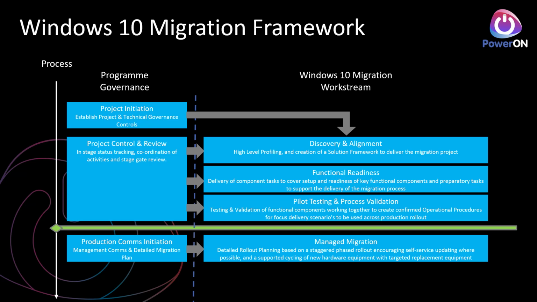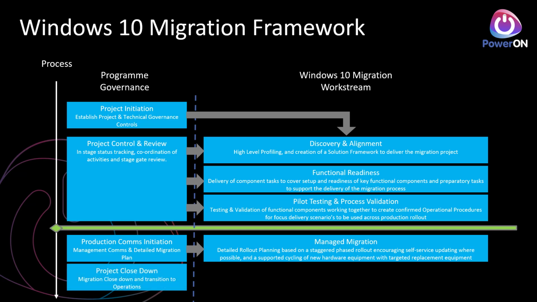So it's very common, and equally realistic, is the only real way to do it, that you will have application needs that you'll want to work through. So within that discovery and alignment part, the point is also to understand your application estate to a degree where you can map those application needs against your staggered phased rollout, so that you can give yourselves time to work through the process of actual application readiness before and during the actual production rollout, so that you're always just one step ahead of the next phase of your transition.